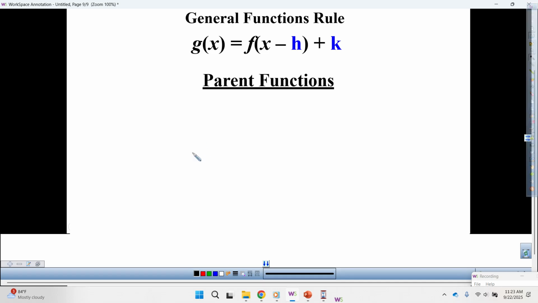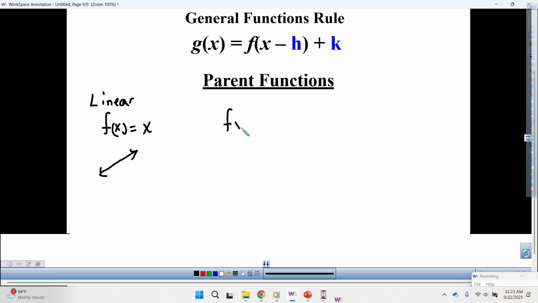We've been covering 3 parent functions so far. The first one, look up: f of x equals x. Write that down. This is what we call a linear. Why linear? Because the graph becomes a line.